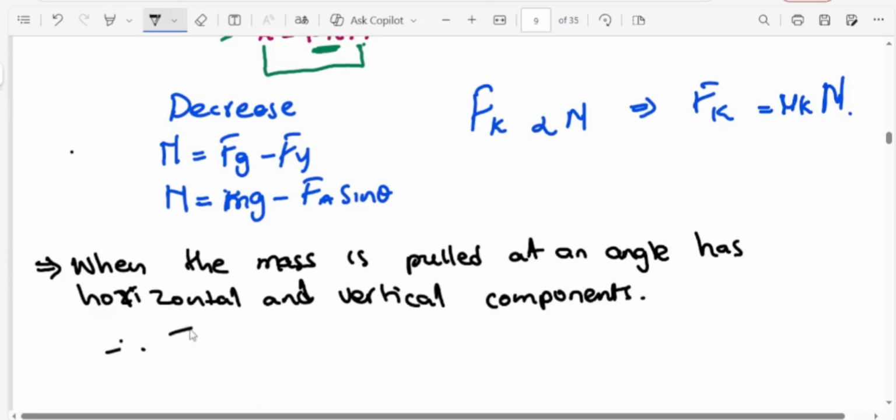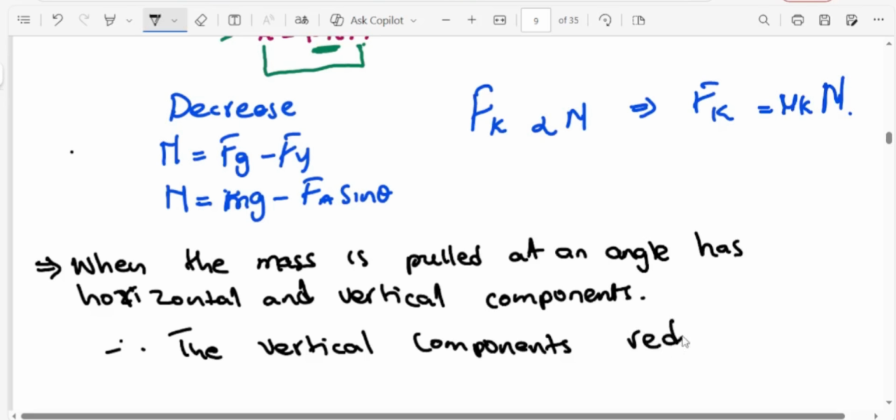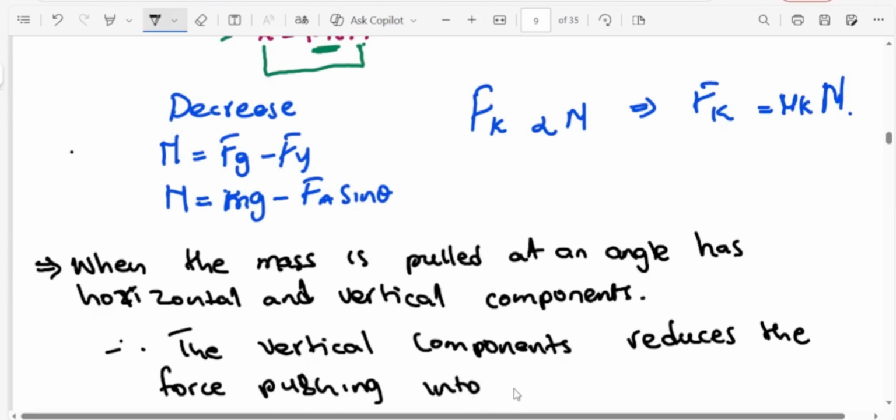Therefore, this vertical component reduces the force pushing into the ground, which is the Fg.